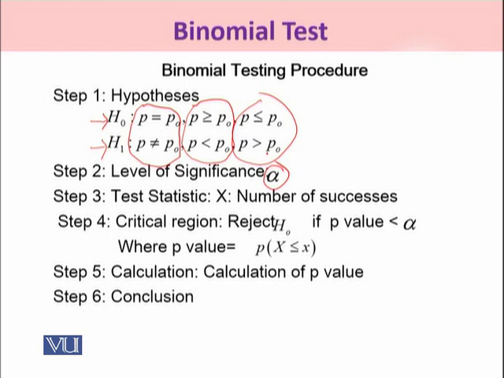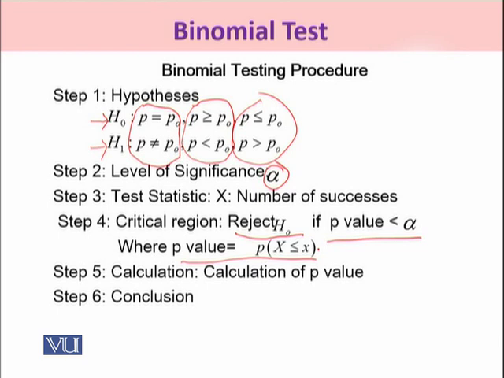Under step number 4, students, we have to determine the critical region. The critical region is basically the rejection region that guides us where to reject our values. So we will have to reject H0 if the p-value is less than alpha. Now what is this p-value? The p-value is the probability of X being less than or equal to small x.